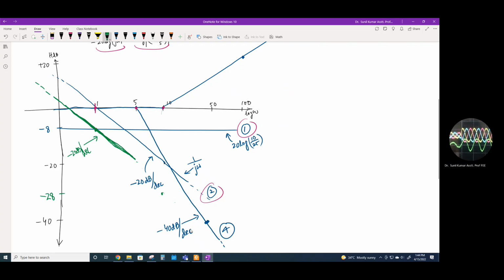Now the effect of this on our green line is that the green line already has a negative slope of minus 20. So when you add another line of minus 40 dB per decade, the resultant rate will be minus 60 dB per decade. That means the resultant between 5 and 10 will be steeper than minus 40 dB per decade.